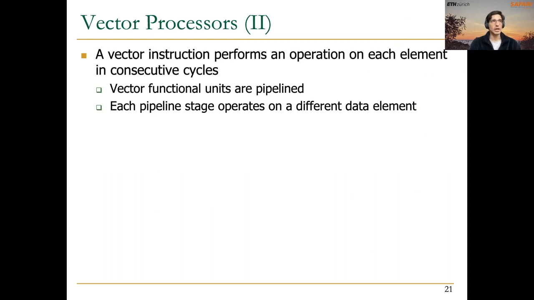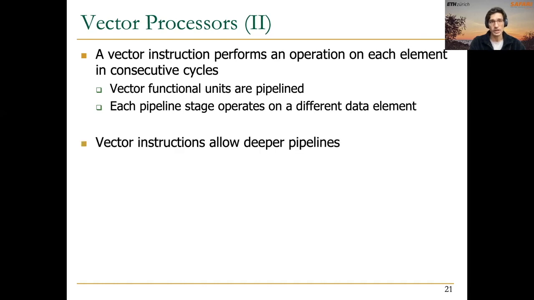Okay, so a vector instruction performs an operation on each element in consecutive cycles. Vector functional units can be pipelined. We are going to assume that they are pipelined, and we are going to show how to pipeline the execution here. And each pipeline stage operates on a different data element. The good thing about vector instructions is that they allow deeper pipelines, because usually we are also going to have relatively long vectors.